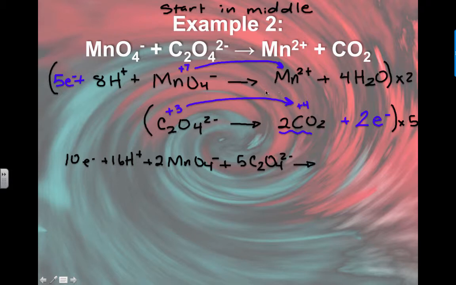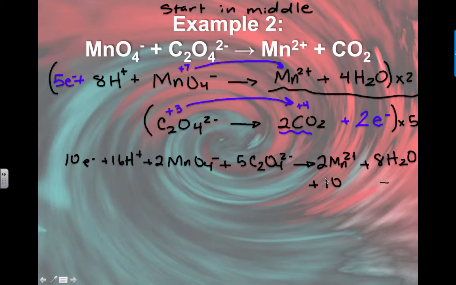Now let's take care of the products. Up top I have 2 manganese ions and 8 waters. And I'm running out of space, so we'll put that down below. Plus I still have 5 times 2 is 10 carbon dioxides and 10 electrons.